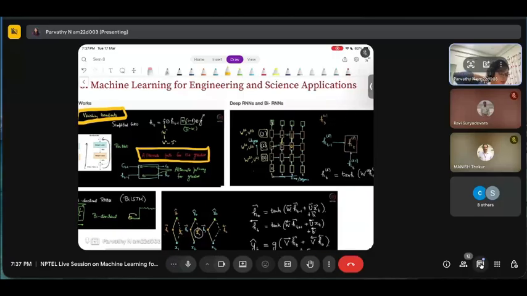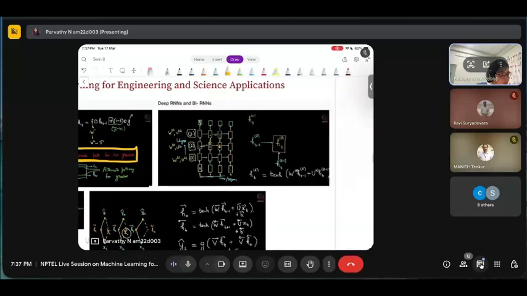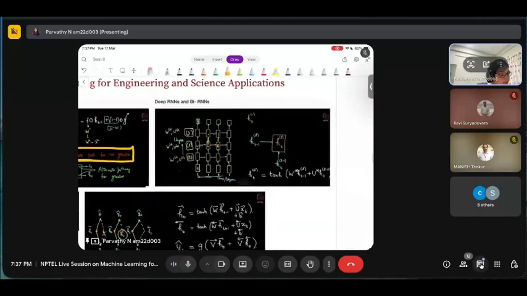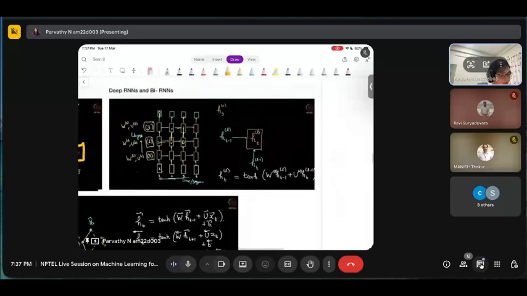Now, there are variations of this RNN, which include deep RNN and also bidirectional RNN. Deep RNN means instead of just one state that keeps the history, you can have multiple layers, where different units can be stacked to form a deep RNN.